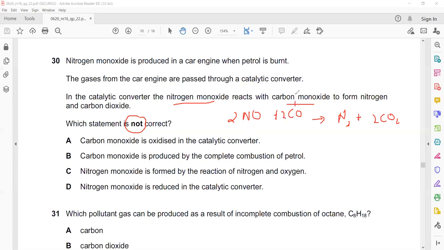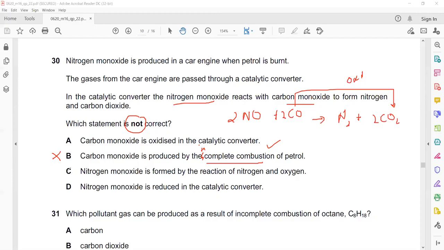So carbon monoxide is oxidized because oxygen is added. That's why we call that oxidation. That's true. Carbon monoxide is produced by complete combustion. That's totally wrong, because carbon monoxide is produced by incomplete combustion. Nitrogen monoxide is formed by reaction of nitrogen with oxygen.